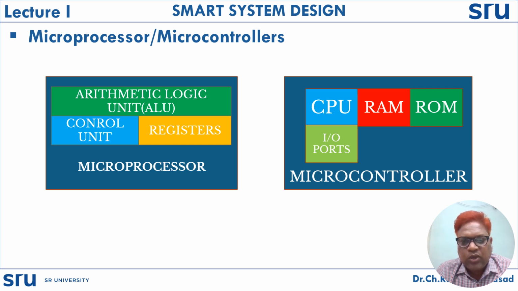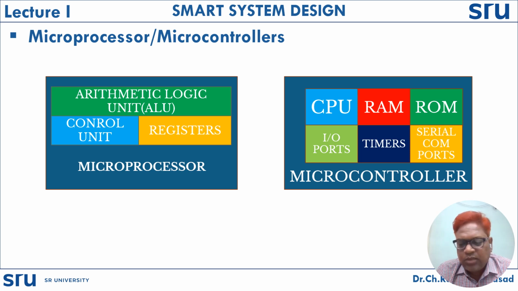IO means input-output ports, which connect input-output devices, and some timers or counters. Timers generate delays, and counters count events. There are also serial communication ports or other devices. All these integrated on a single IC is called a microcontroller.